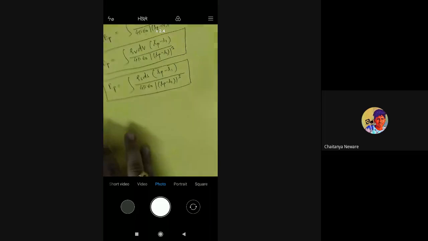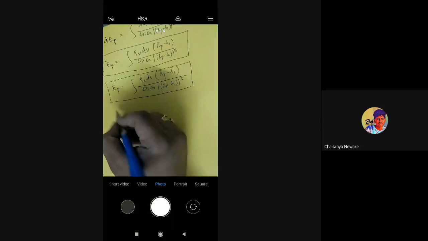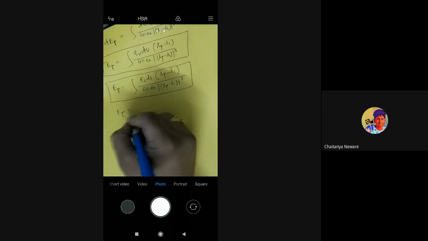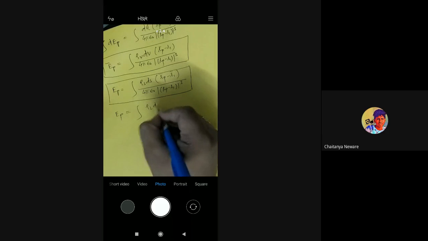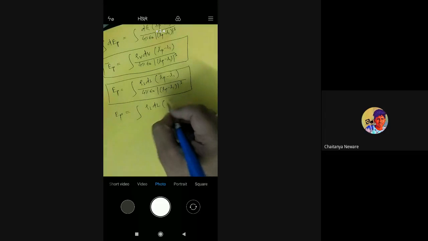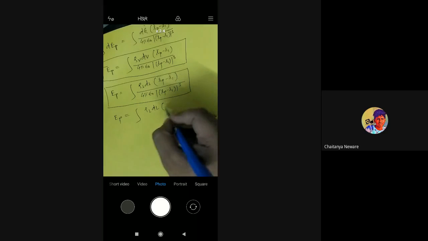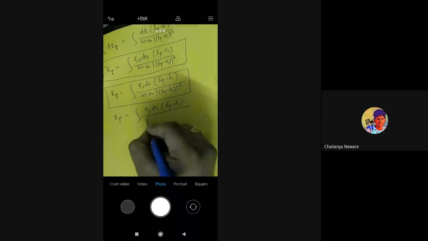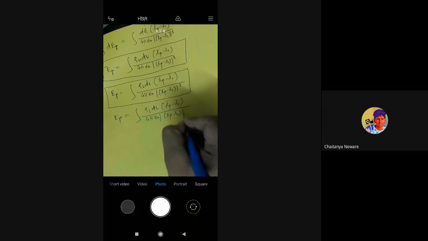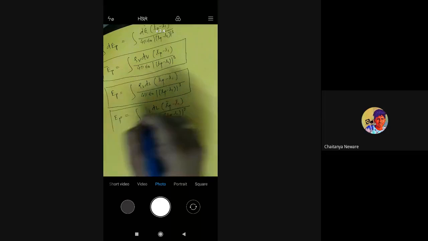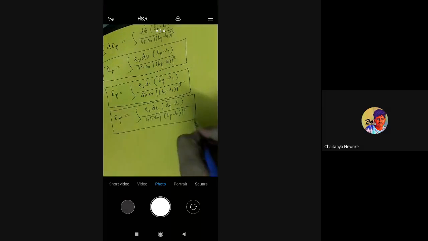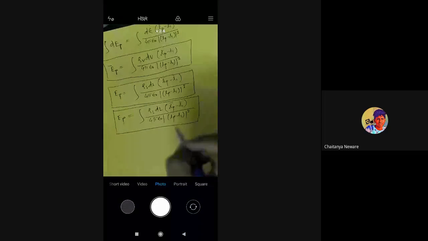Now we have to find the electric field intensity due to line charge density. For line charge density, dq is rho l dl. We put the value of dq in terms of rho l dl. So rp minus r1 upon 4 pi epsilon 0 times the magnitude of rp minus r1 cubed. So this is the electric intensity due to line charge density.